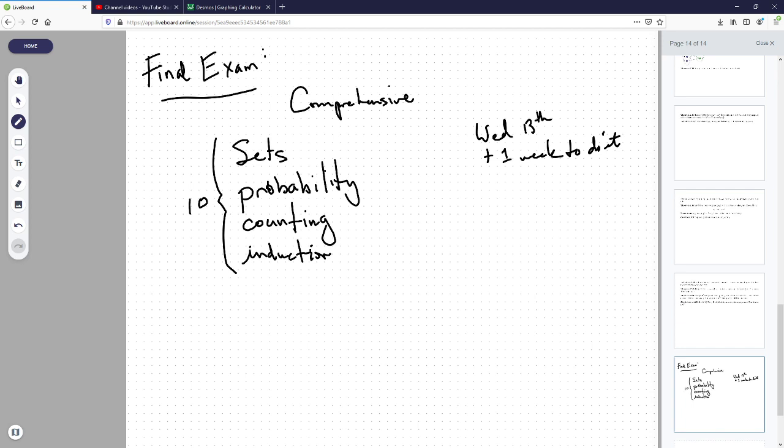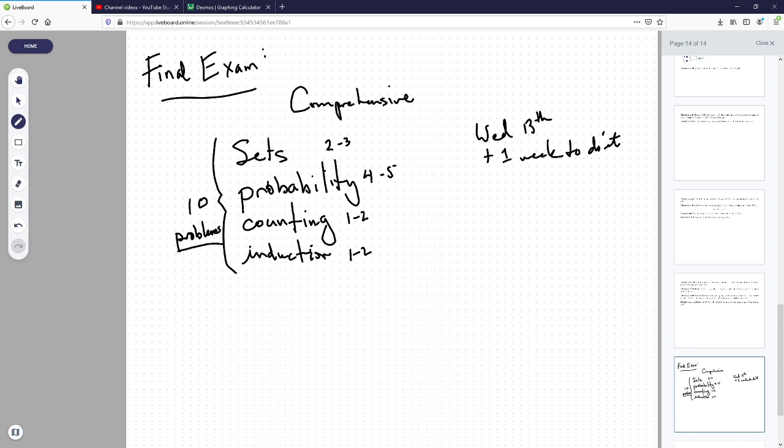It's going to be maybe 10 problems. Probably something on the order of 2 to 3 on sets, maybe 4 to 5 on probability, 1 to 2, 1 to 2, something like that. So maybe something like this.